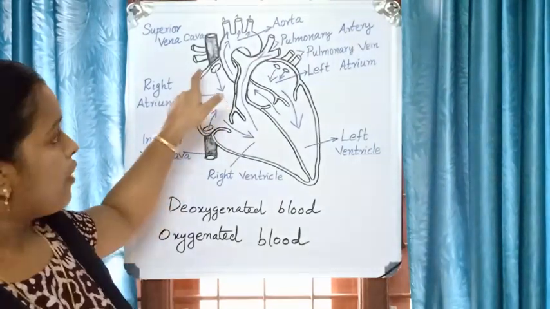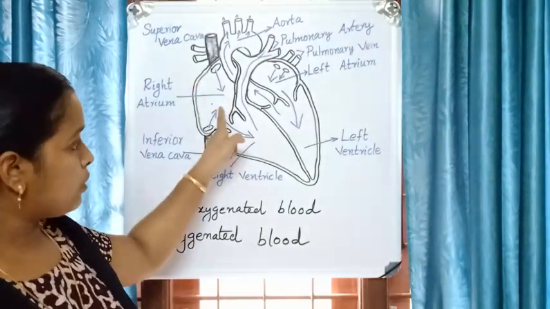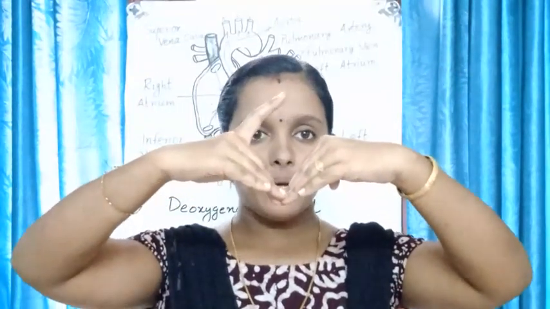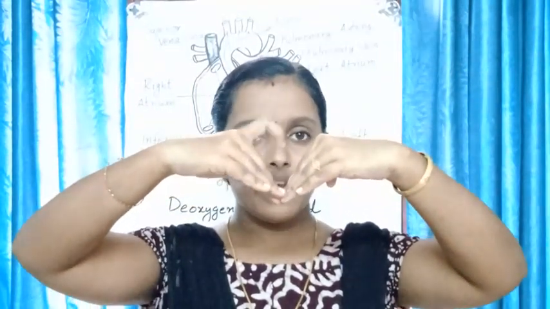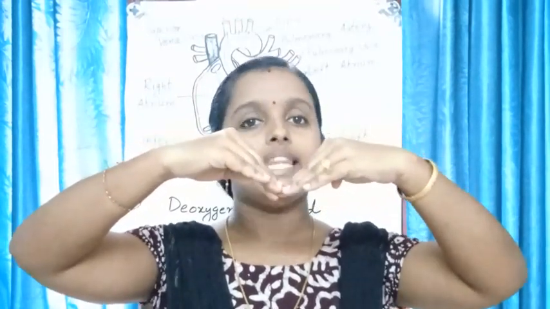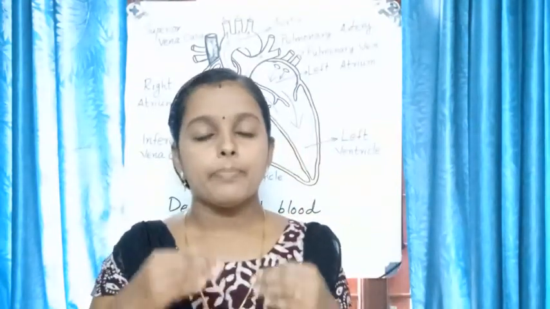Right atrium. From the right atrium, through this valve, one valve is present. The valve is like this. Blood from the upper portion, from the auricle to the ventricle, the valve will open. But when the blood is trying to flow backward, it will close. That is the use of the valve. It will prevent the backflow.